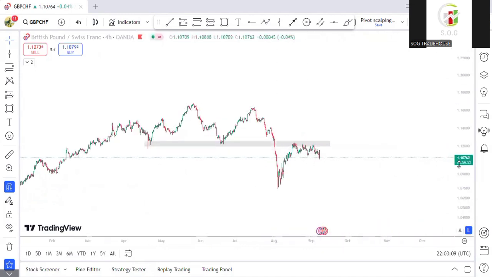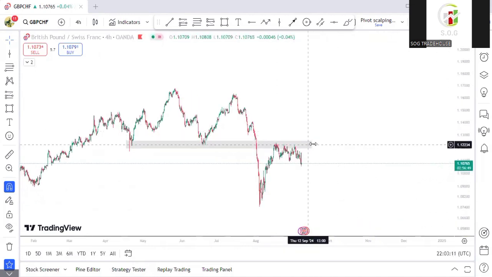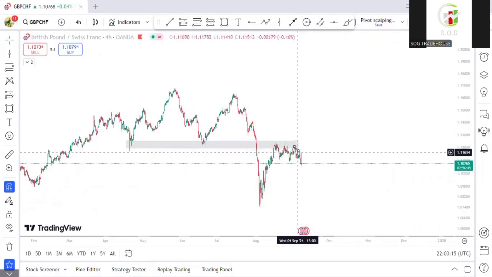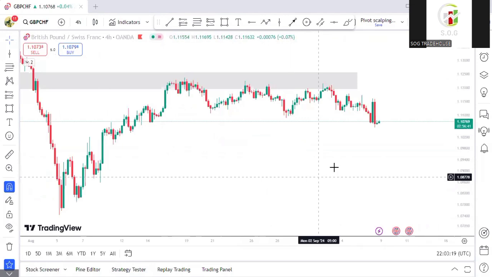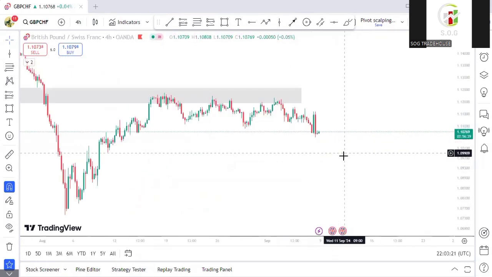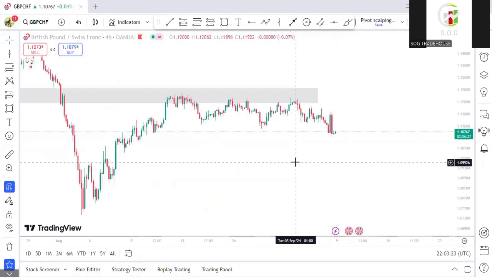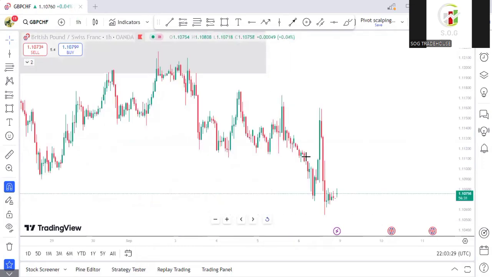On the 4-hour time frame, you can see the market respected this resistance level and it's moving to the downside. So we'll go down to the 1-hour time frame to see if we can get any clear trend.